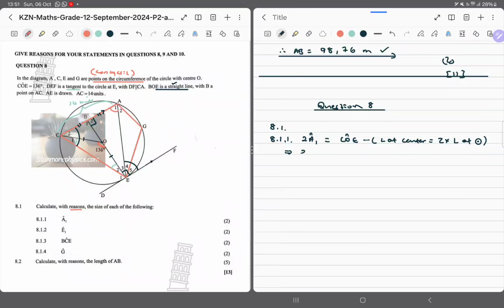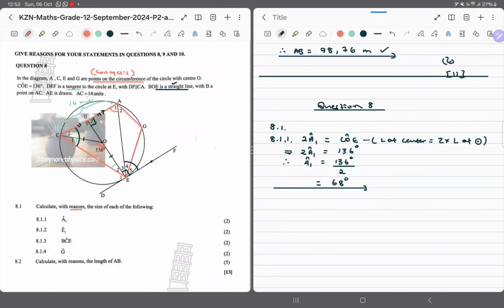So this implies that 2 times angle A1 is equal to 136 degrees. Therefore, angle A1 is 136 degrees over 2, which is equal to 68 degrees. Guys, don't just jump to answers.